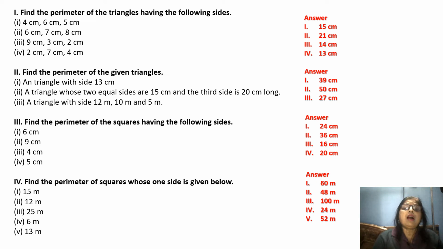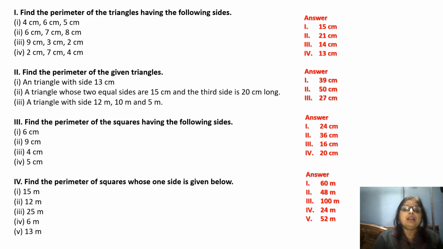Next question: a triangle whose two equal sides are 15 centimeter and the third side is 20 centimeter. So first you draw the triangle and write down the measurement of the two sides, that is 15 centimeter and 15 centimeter, and the measurement of the third side is 20 centimeter. Then you find the perimeter.